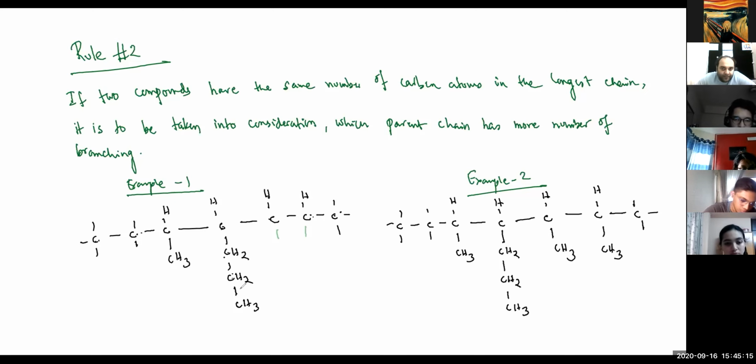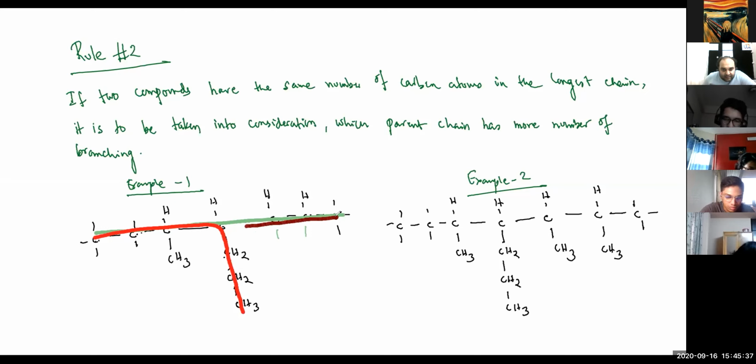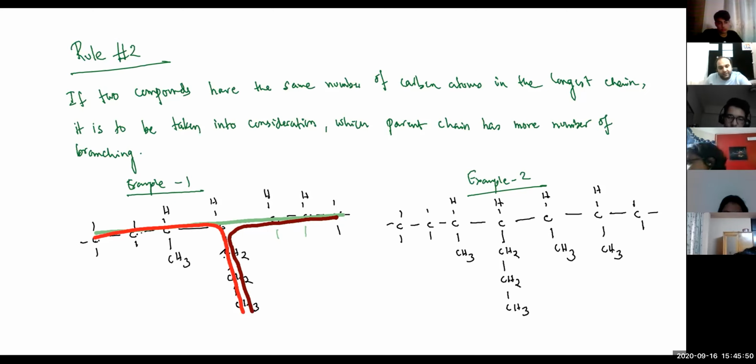So either it could be like this, or like this, or like this. Whatever the way is, in the longest parent chain, how many carbon atoms are there? 7. Achha.